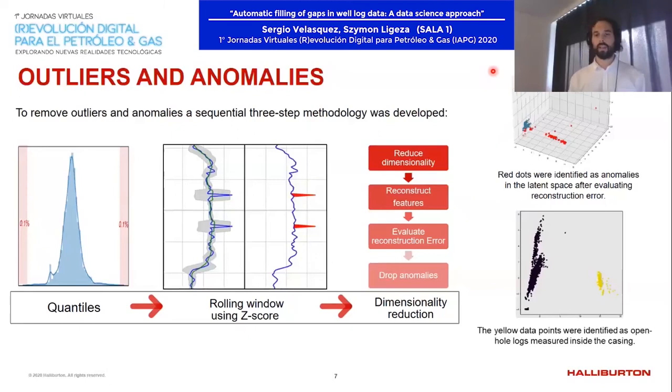And if after retrieving, after inversing, the error between the original data and the data which we retrieved is huge, that means that this is probably an anomaly.